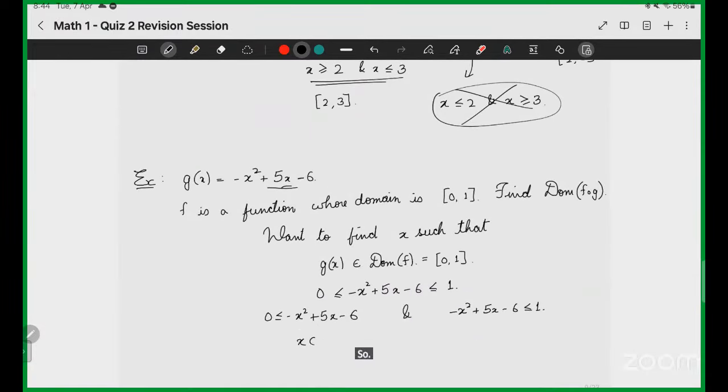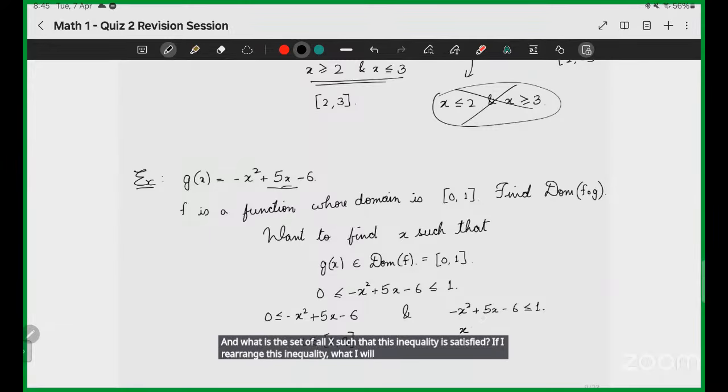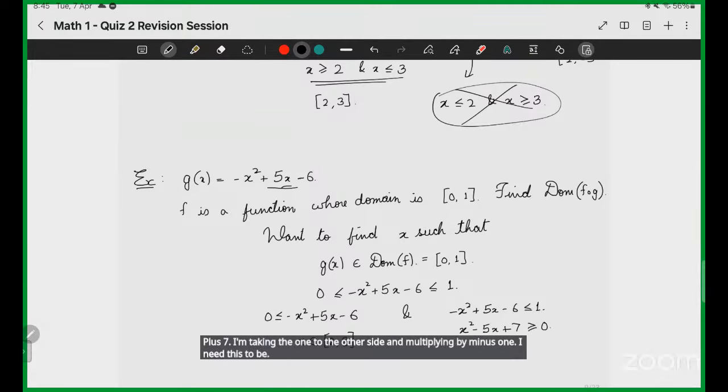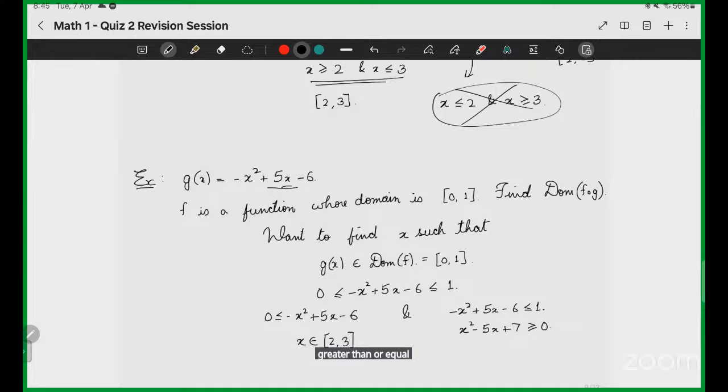So you need x belongs to 2 to 3. And what is the set of all x such that the other inequality is satisfied? If I rearrange it, taking the 1 to the other side and multiplying by minus 1, I get x squared minus 5x plus 7 greater than or equal to 0.